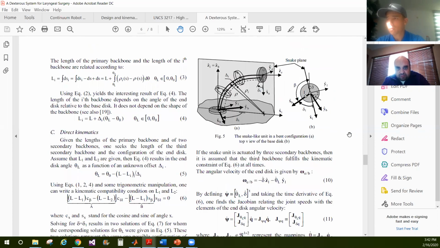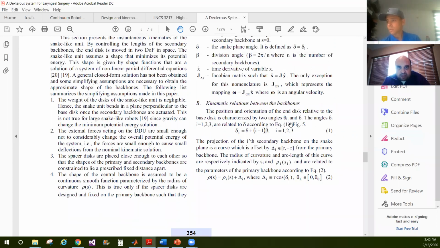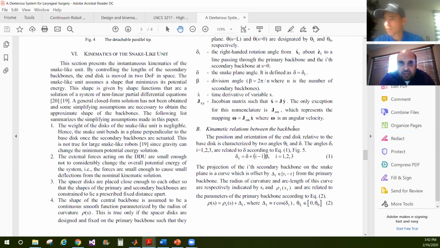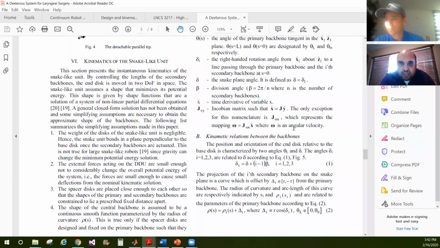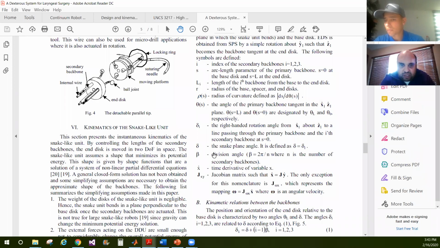Where are you at, Ram? Just where you were. And if you look a few lines above in the description, it tells you what beta is. Yeah, it's right here. You don't need to scroll. So that's how you get the number of secondary.